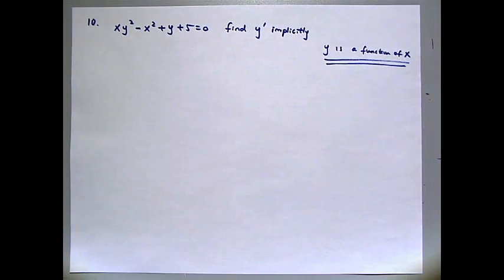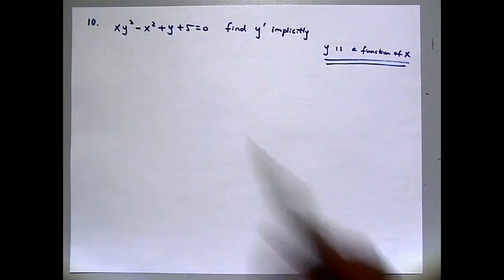So here we're told that y is an implicit function of x. We don't know exactly what it looks like, but we know it depends on x.